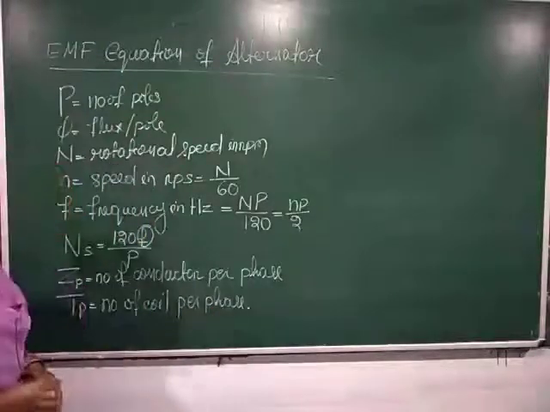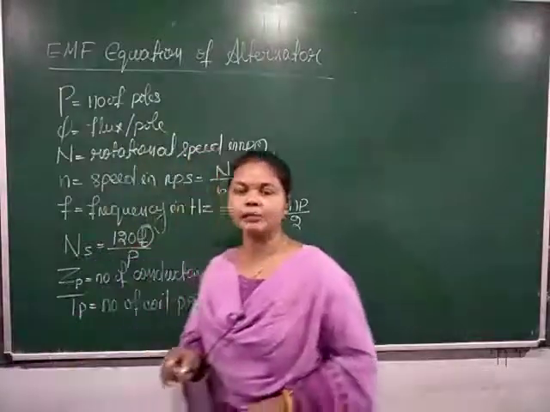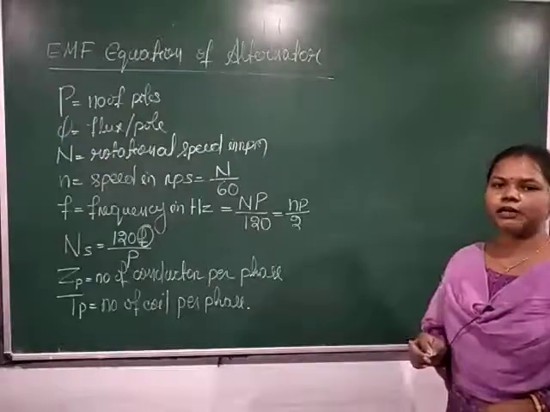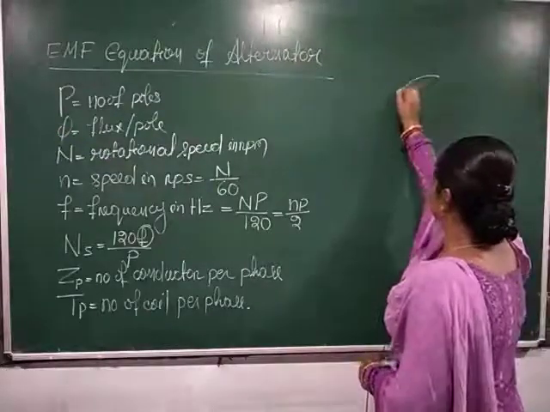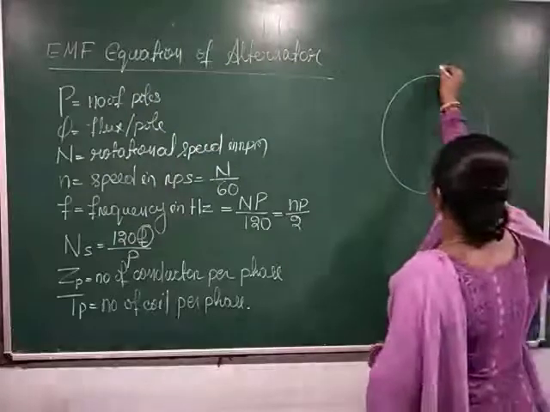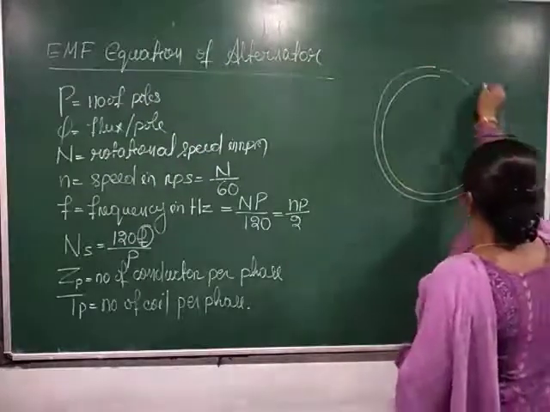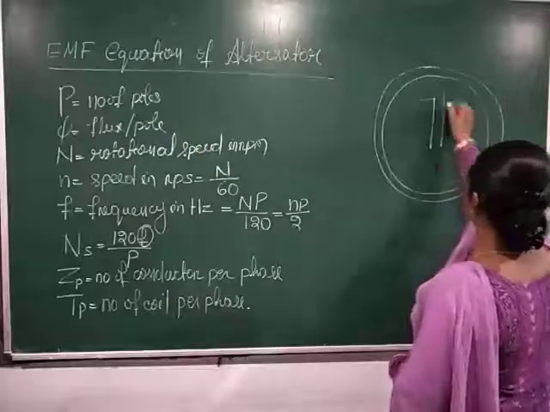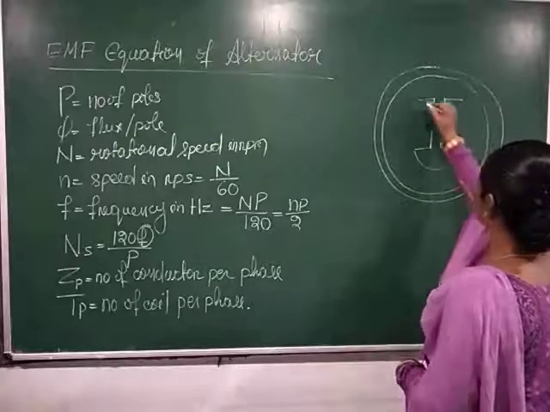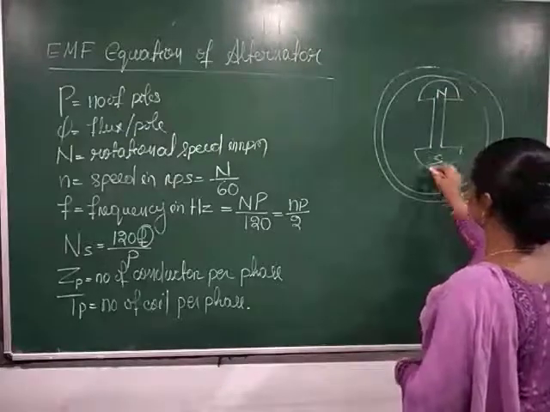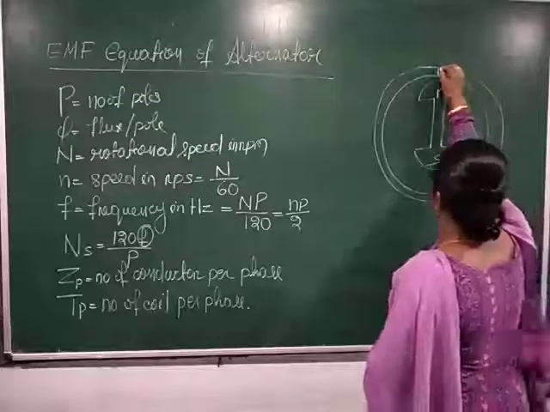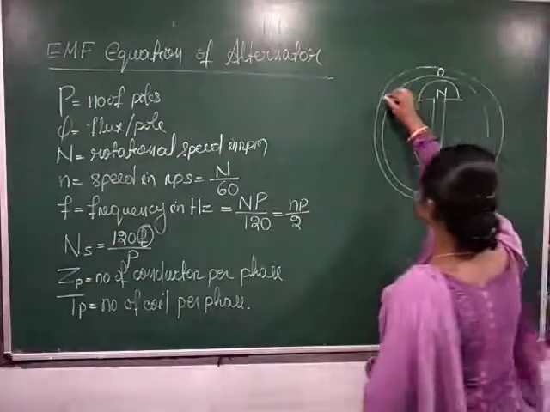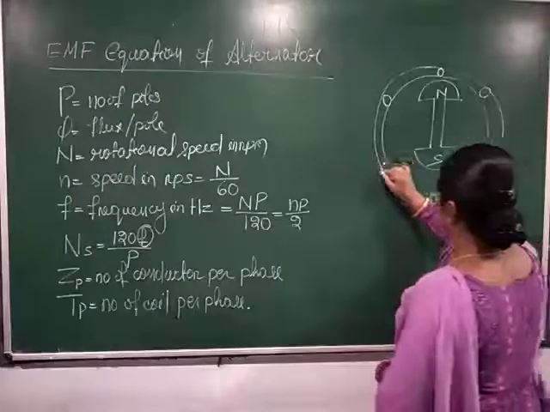Here I will take the example of a 3-phase alternator having 2 poles. This is the north pole, this is the south pole. This is phase A, this one let phase B, this one let phase C.